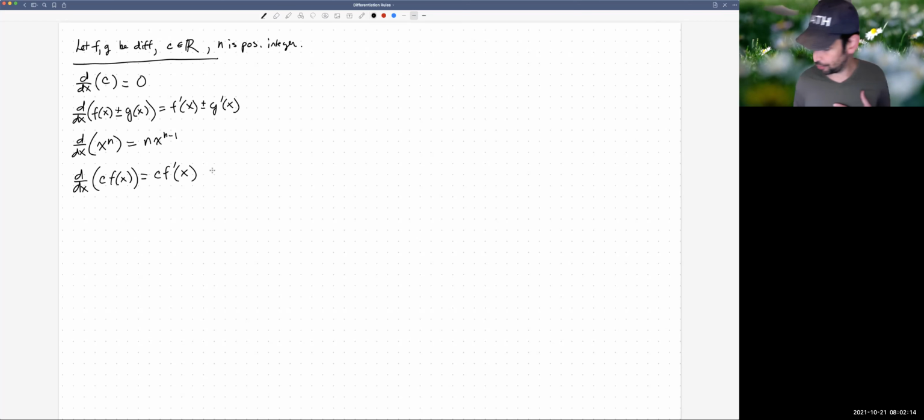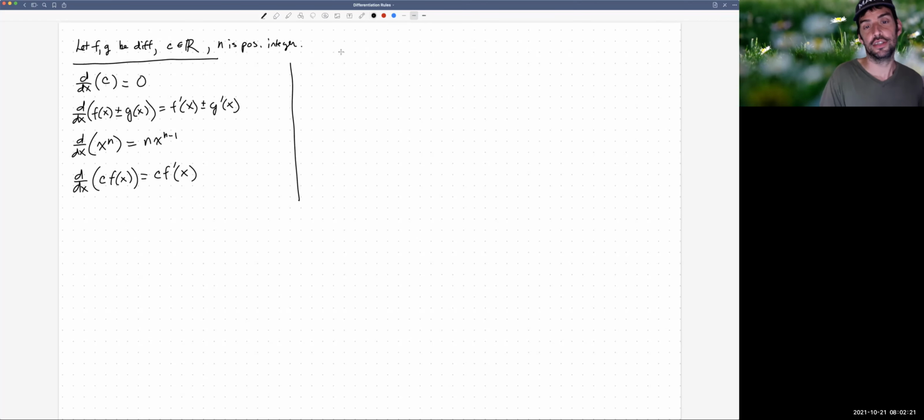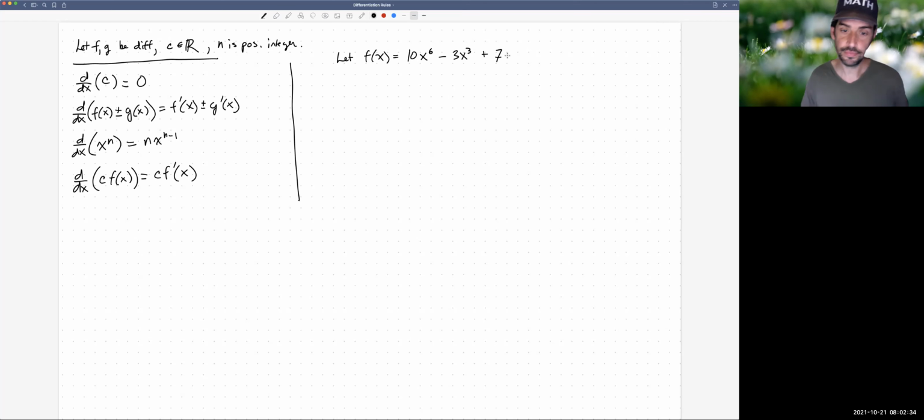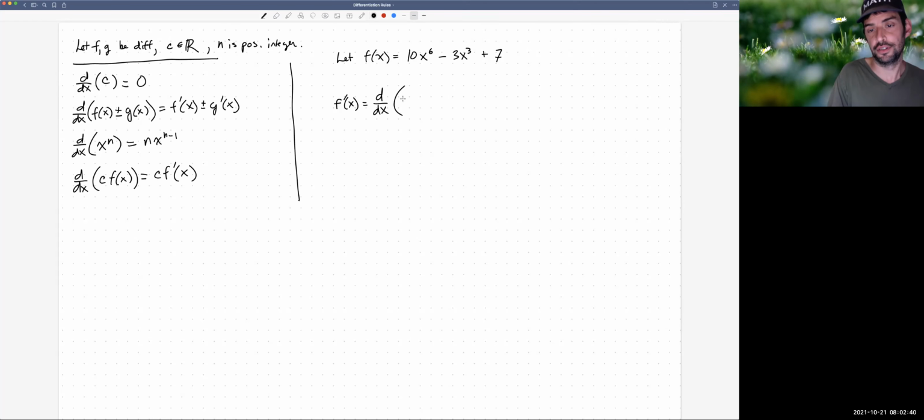And let's show that we can take these and do any polynomial. So let's let f of x equal 10x to the 6th minus 3x cubed plus 7. Okay. Then f prime, we want the derivative, right?